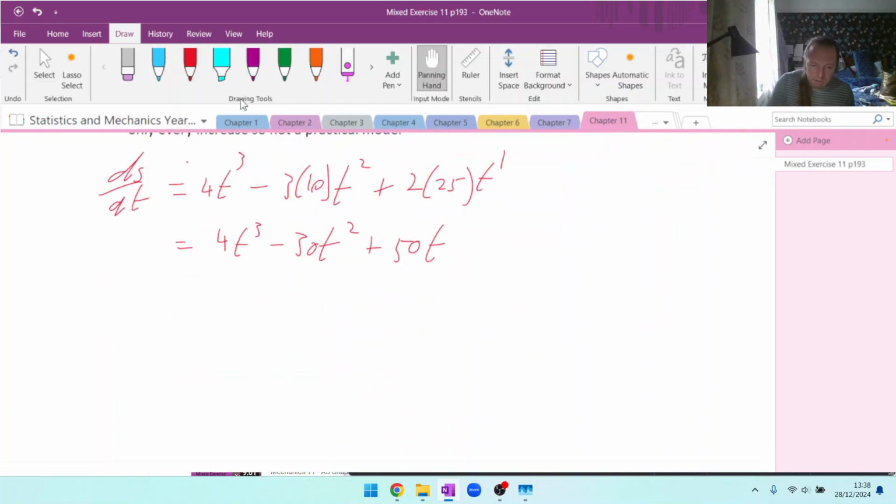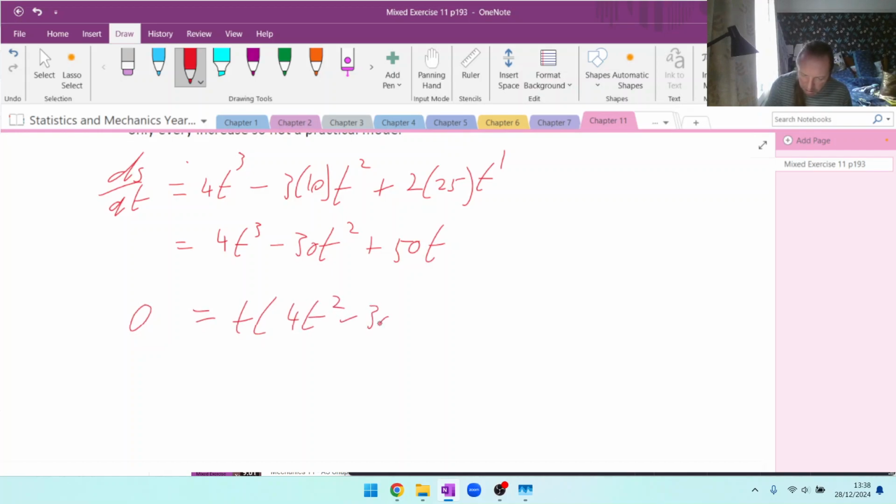Let's set it equal to 0 and start factorizing it out. So 0 equals t times 4t squared minus 30t plus 50.